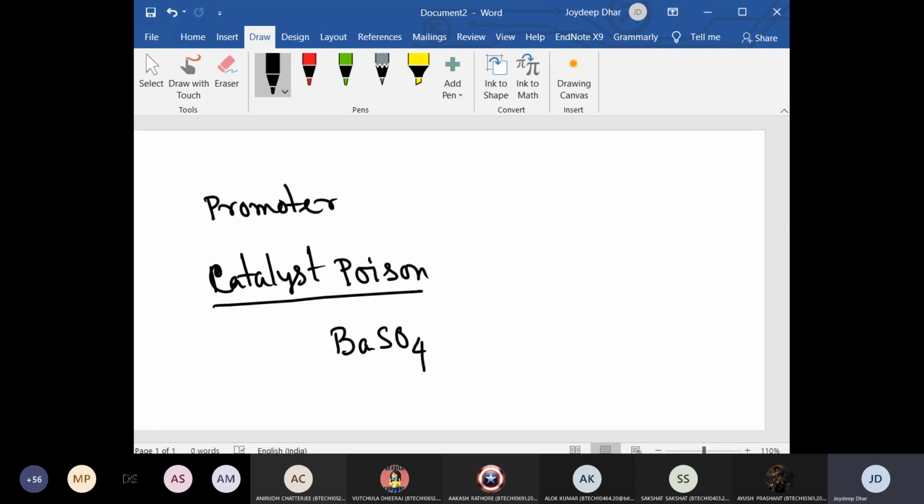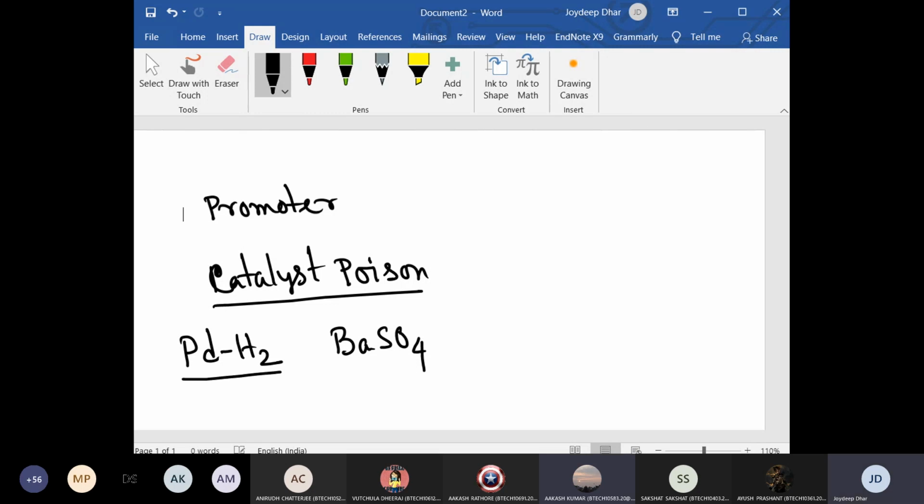Have you come across it acting as a poison? Do you remember organic chemistry? So the hydrogenation reaction, have you seen it with palladium and hydrogen? Yes, sir. It acts as a poison in that reaction.